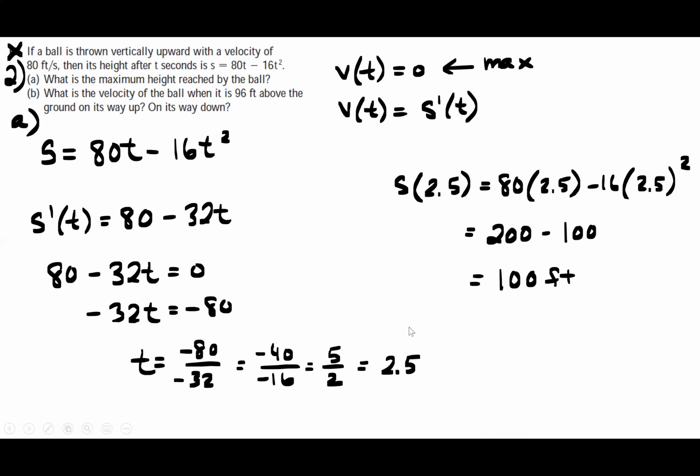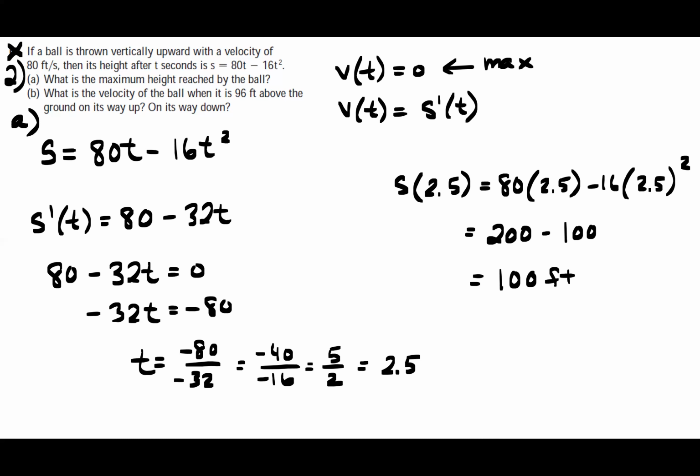Cool. Okay, so you guys talk to me first as for B. Are we all ready for B? Okay. So how would you find out what the velocity of the ball is when it is 96 feet above the ground? What do you need to know in order to make that happen?